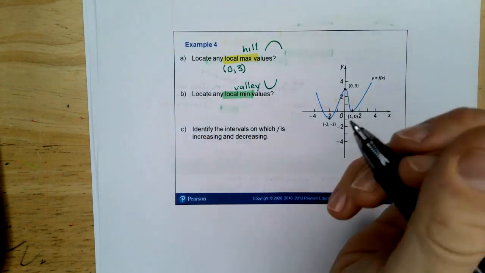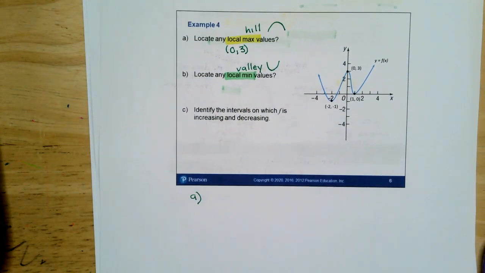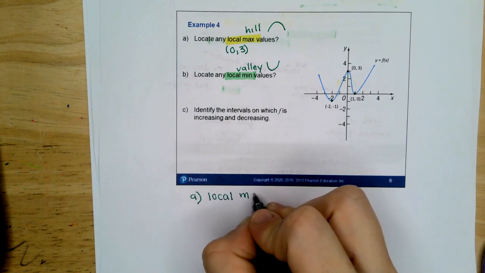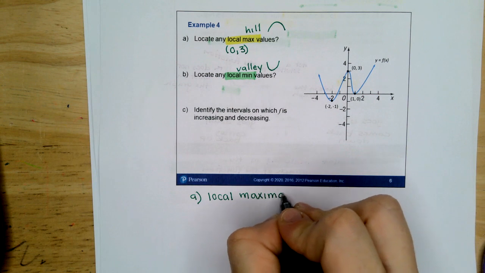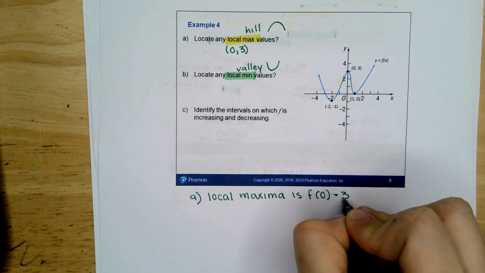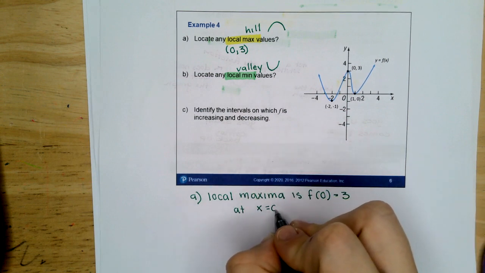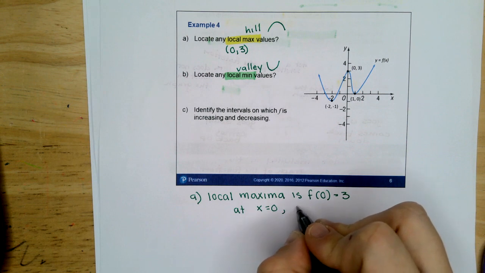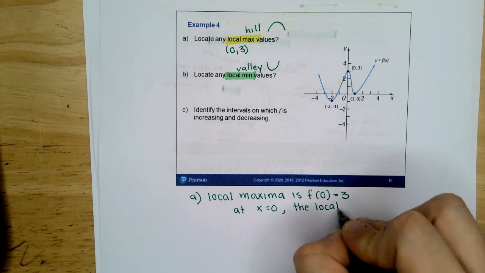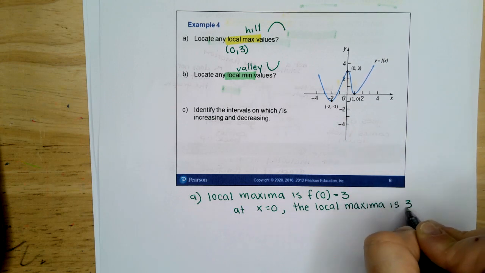But you can also write it as, okay? So for A, they're going to ask you to write it as local maxima is f of 0 equals 3, or at x equals 0, the local maxima is 3, okay?